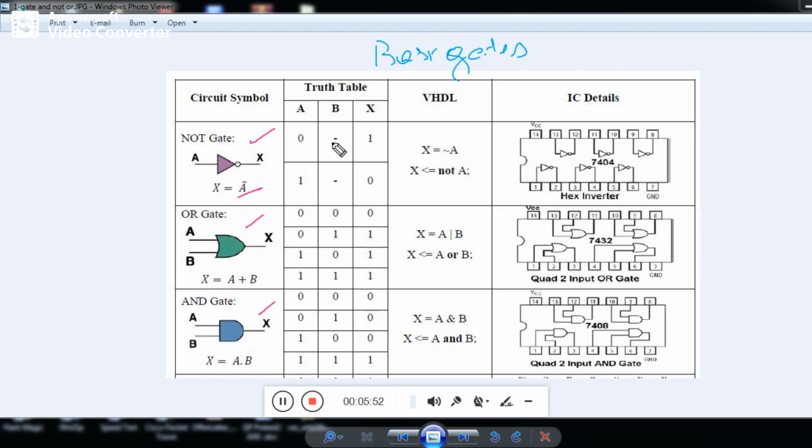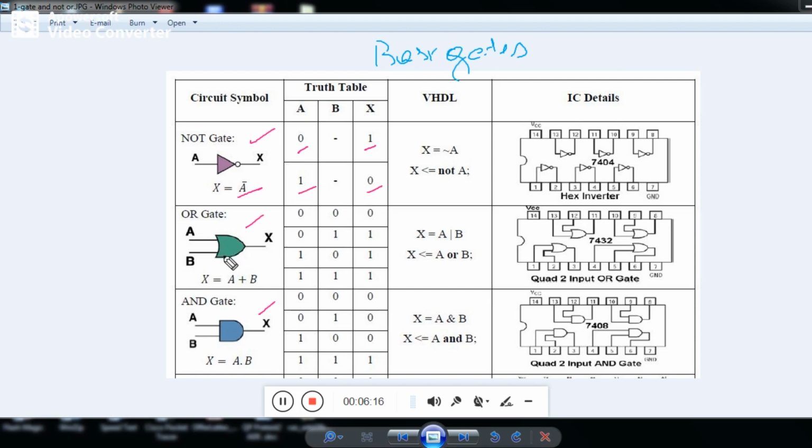For all the different possible combinations of input, the output is represented in tabular format, that is called a truth table. Now our NOT gate has only one input. So when input is 0, output is 1. When input is 1, output is 0. So this is the truth table.